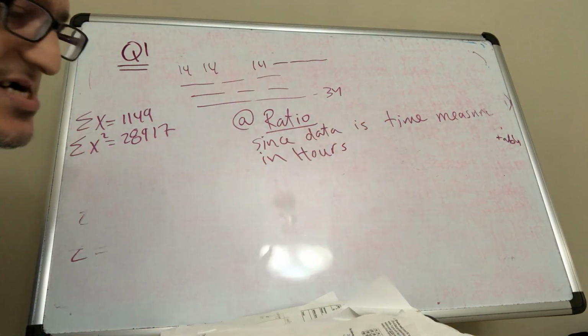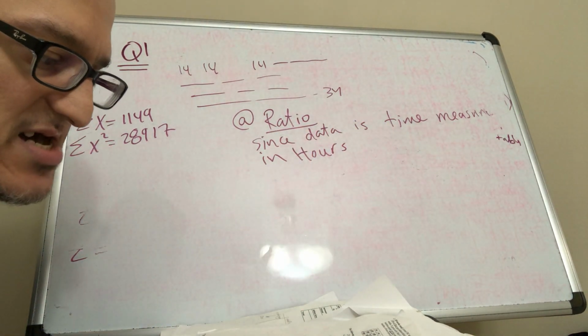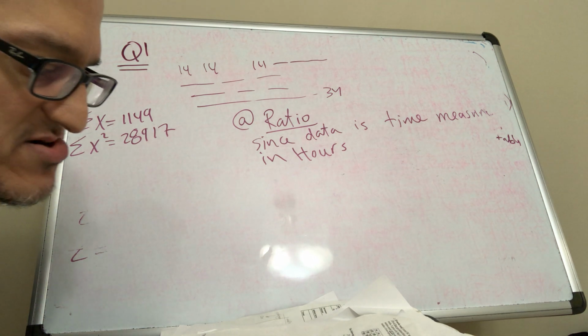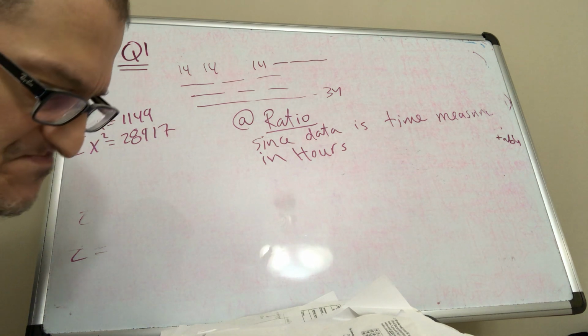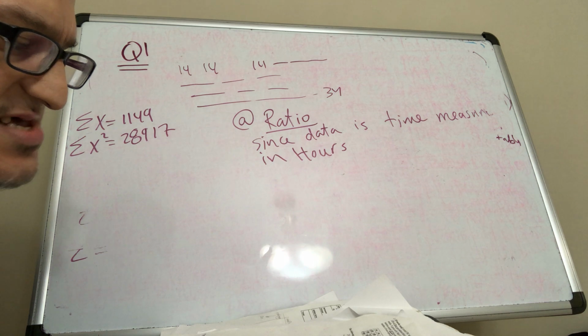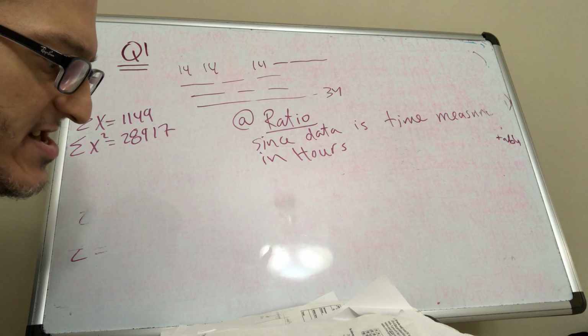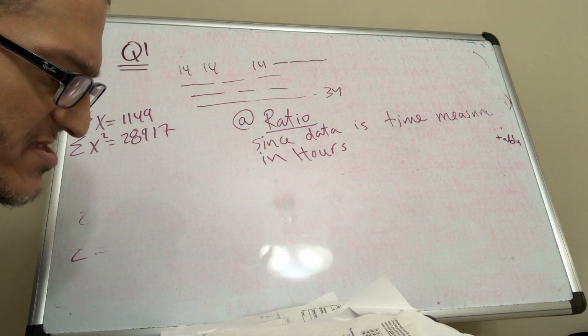So anytime you have something that's measured in hours or has a unit of measurement, right away it's a ratio. What's the median?